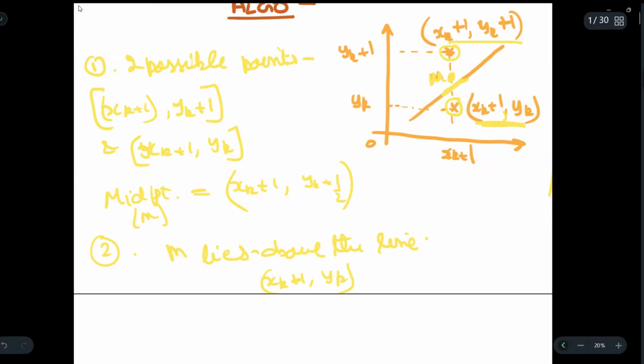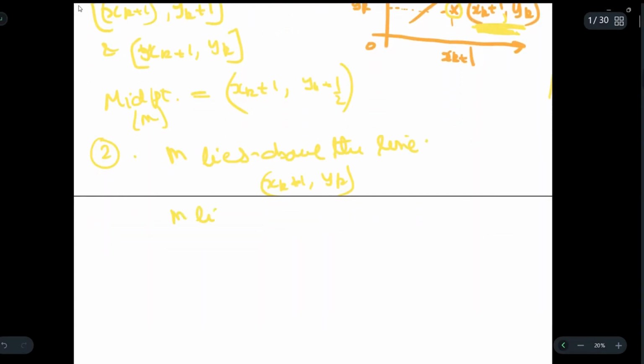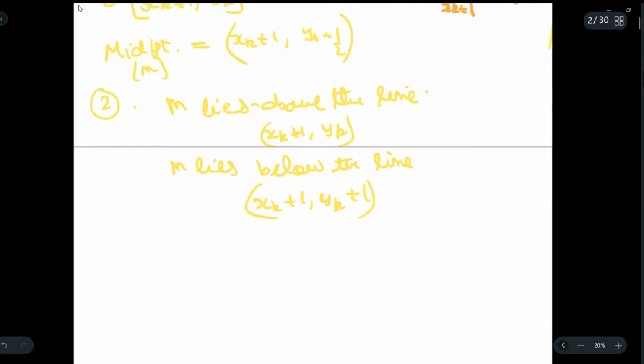That is, if this point is above the line, then we will be considering this point. And if m lies below the line, then we will be considering the point xk plus 1 and yk plus 1. So these are the two things that we have to consider.